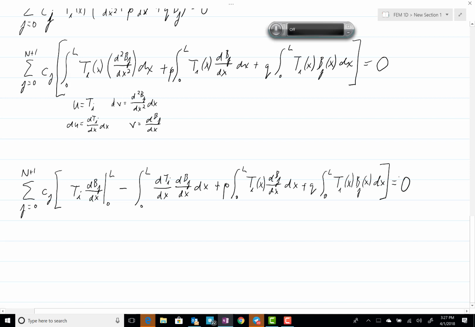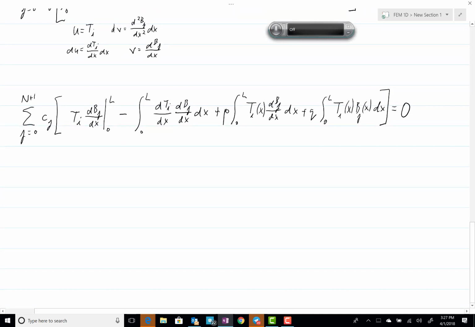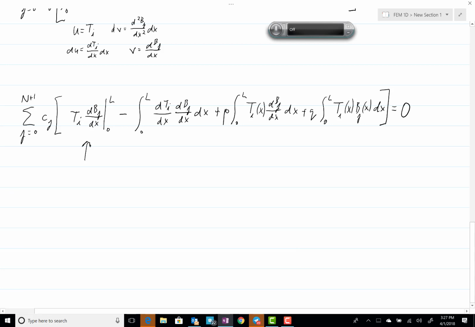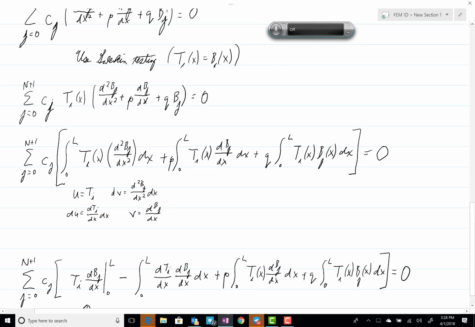Now let's look at this first term right here. What we will realize about that term is that it is equal to 0, because at the two endpoints, remember, y is known.